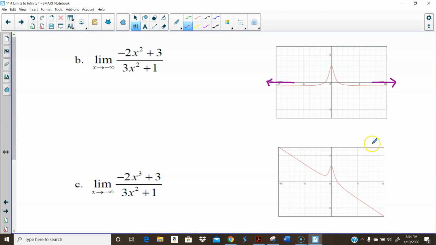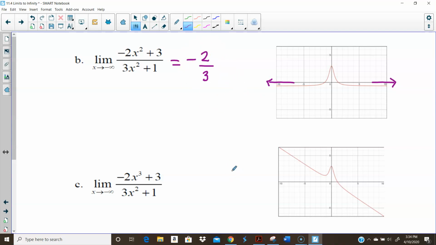It's the same as the horizontal asymptote. So for rational functions, when we're going to infinity, we can look at the horizontal asymptote. What is the horizontal asymptote of this function? Well, x squared and x squared have the same degree, and so that limit is negative 2/3. So as x is going left forever, f of x is going to negative 2/3.